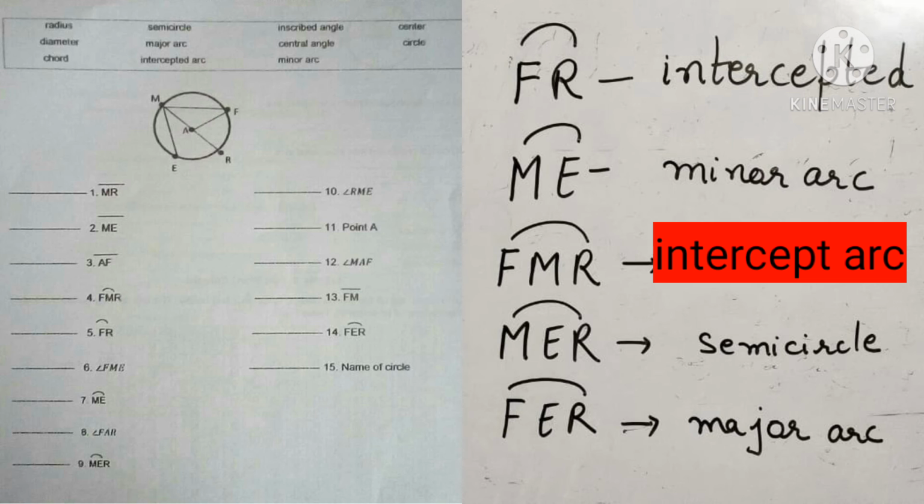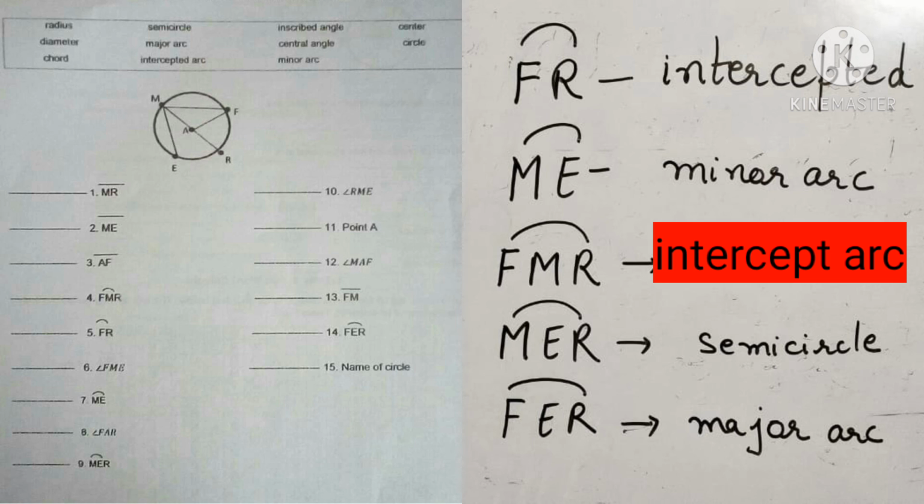Now what is the intercepted arc? An intercepted arc is the arc which is formed due to the two chords of the circle, or you can say that if an arc comprises an inscribed angle.